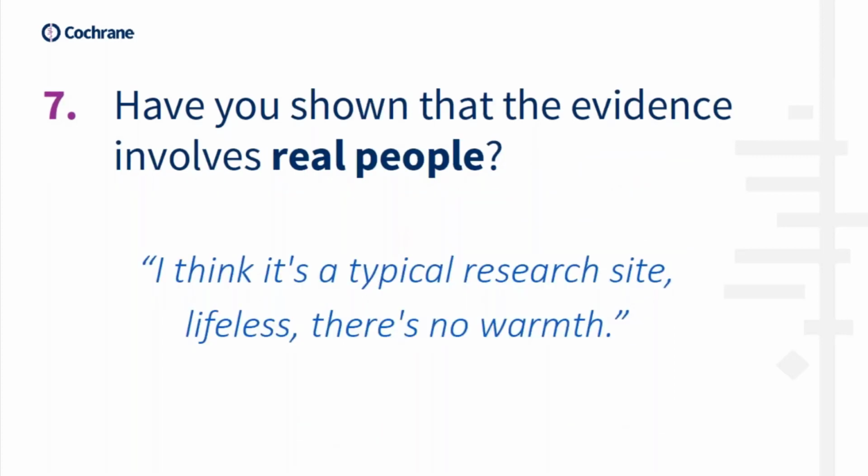Item 7, have you shown that the evidence involves real people? This is a quote from one of the studies we included in the background material: I think it's a typical research site, lifeless, there's no warmth. That's quite a common response to scientific information. So again, we've tried to come up with solutions for how you can remind the reader that this review is about real people.